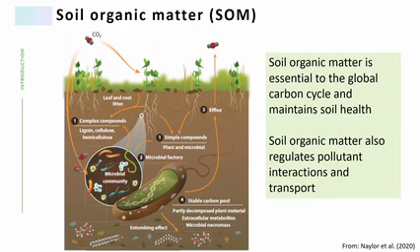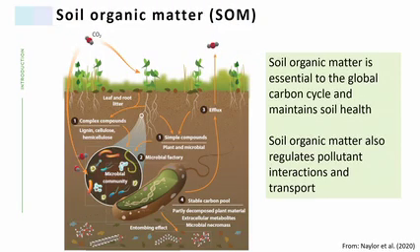It's also a huge part of the global carbon cycle. And soil organic matter is necessary for maintaining soil health. So it's a source of nutrients. And as we start to lose soil organic matter, we start to lose soil fertility. So it is a huge issue. Loss of fertility is going to impact our ability to maintain crop yields, et cetera.